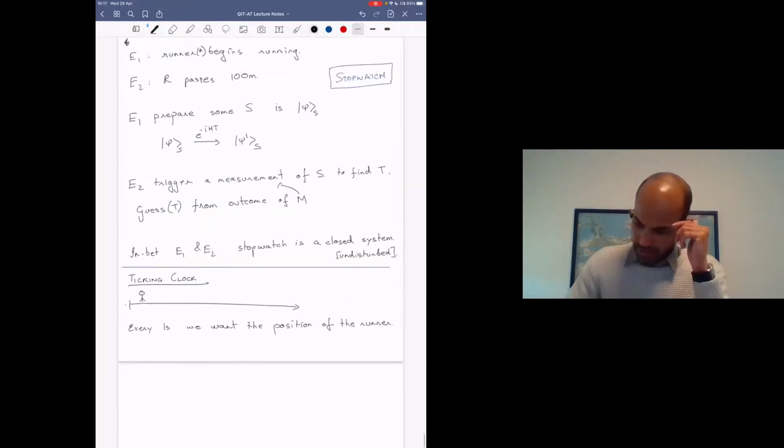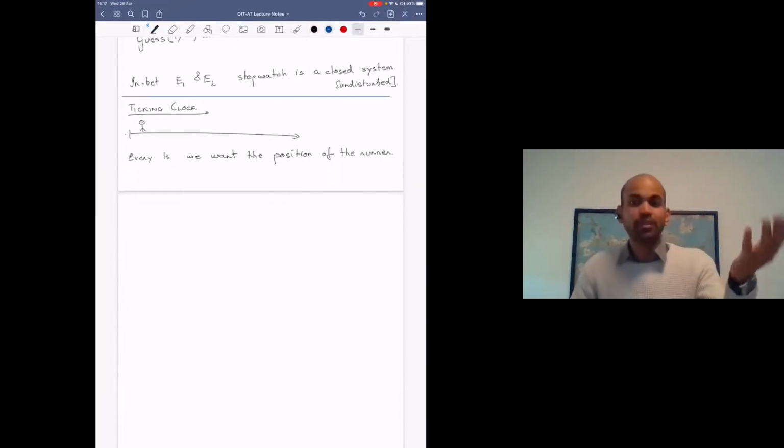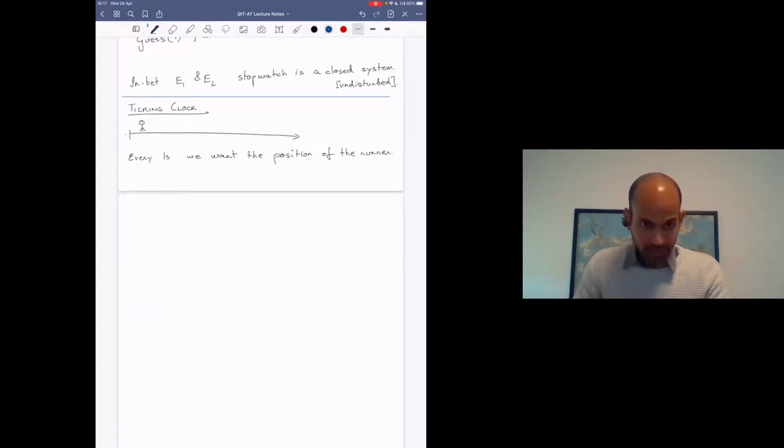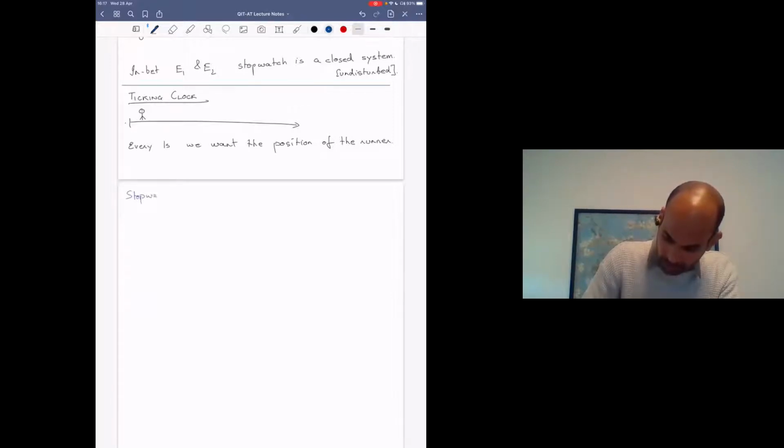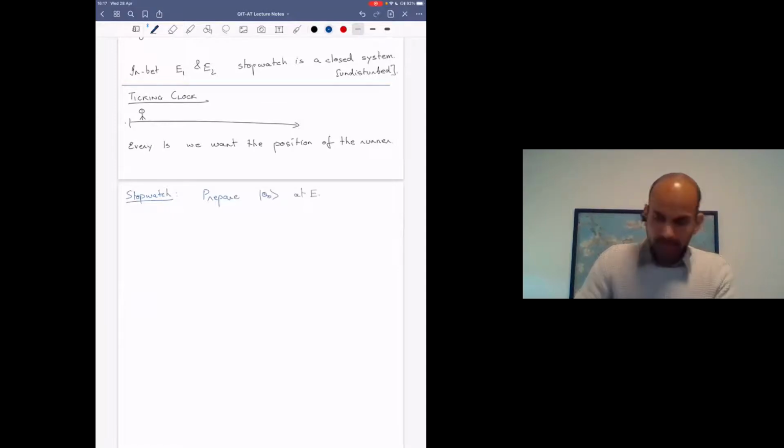The reason is, so let me write it. For example, if you used the discrete clock we just considered, so one of the ways I could do this is, for the stopwatch, I could prepare the state θ0 at E1.